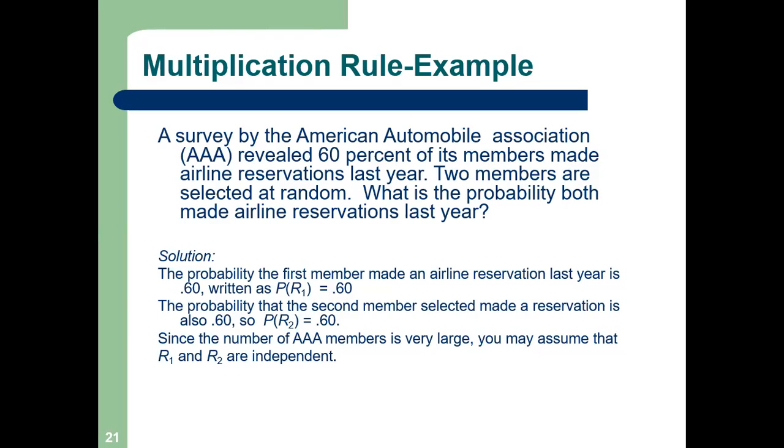For example, if the total number of members were 10,000, then 60% of those 10,000 made an airline reservation last year. So 6,000 members made a reservation last year, and out of the total 10,000 members, we select these two people and measure the probability. So we know that if one person made a reservation, it does not depend on the reservation of another member.